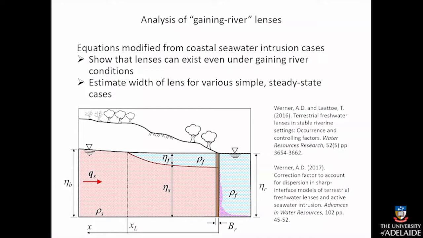He found theoretically that even when you've got gaining river conditions, you can have a stable freshwater lens. And also, he came up with some solutions for the width of the lens under some various simple steady state cases. So, for a river that stays constant, in that unlikely event, we have a good idea of how that lens might extend.